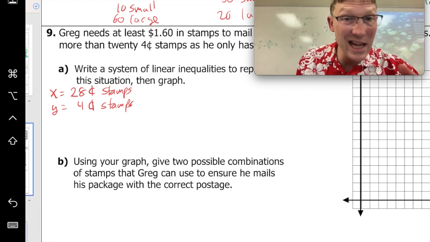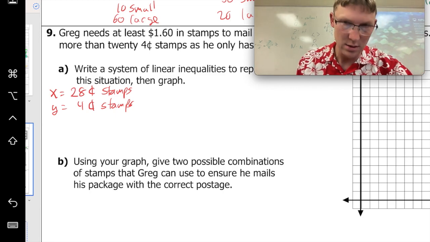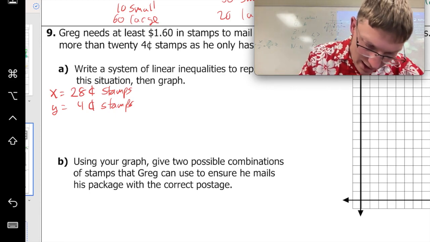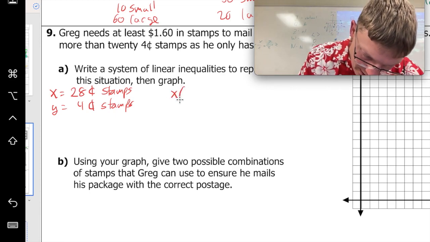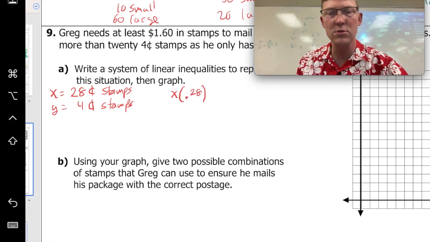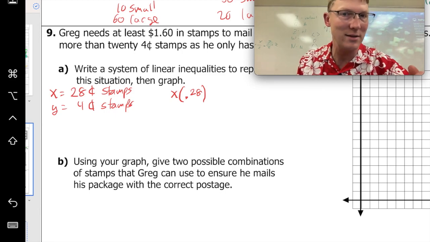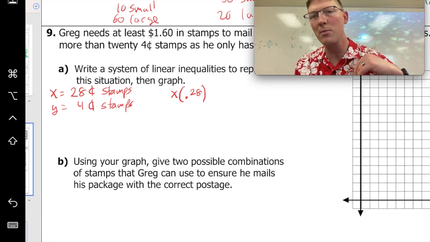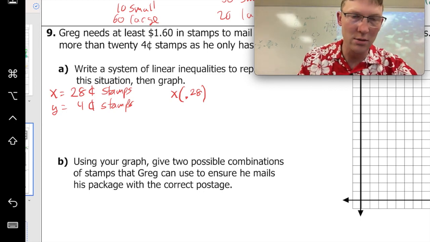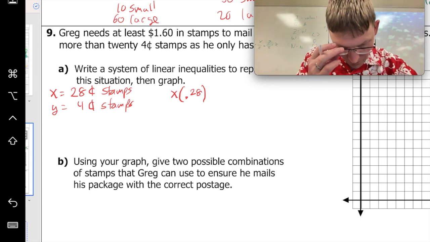So remember, each stamp costs, like the 28 cents. So if we use those stamps, that cost is going to be x times 0.28. We're using 0.28 because it's 28 cents, not dollars. And our final number is going to be dollars and cents. So we're just basically matching our units to our answer.